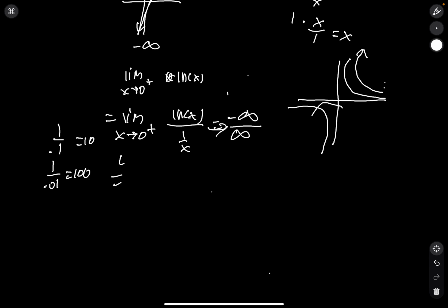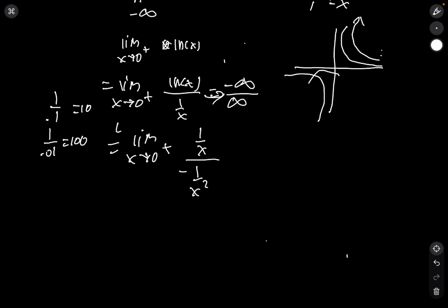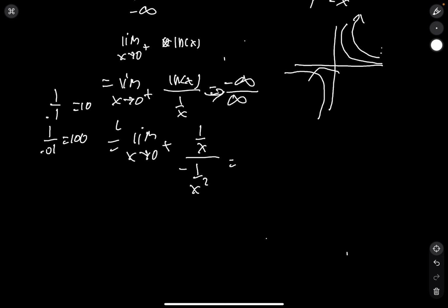rule and do the limit as x approaches 0 from the right side of the derivative of natural log of x, which is just 1 over x, over negative 1 over x squared, which is the derivative of 1 over x. Essentially, now we can just rewrite this as 1 over x times negative x squared using keep change flip.